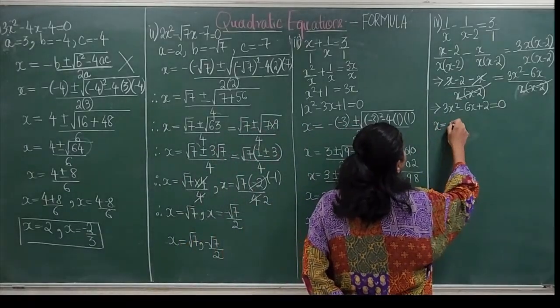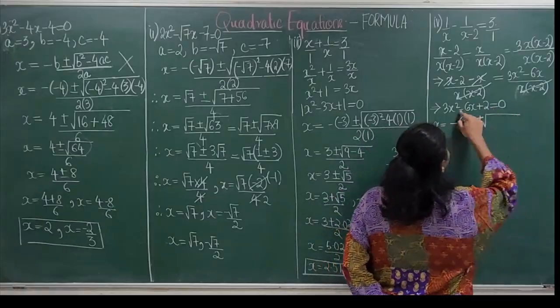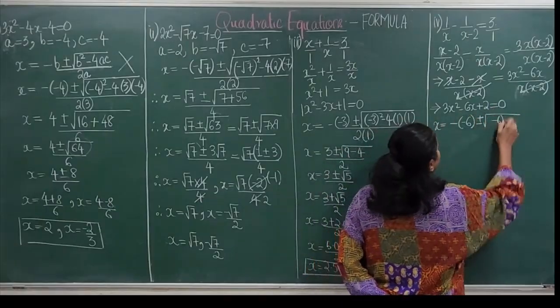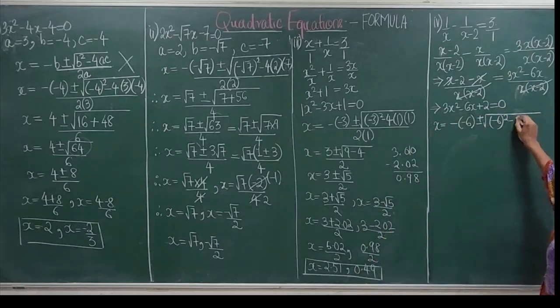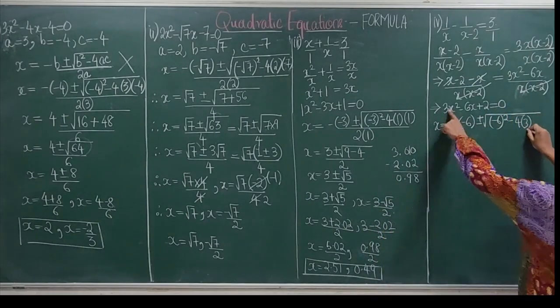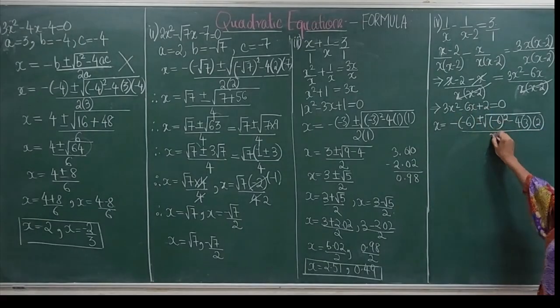x is equal to minus b, that is minus of minus 6, plus minus square root of b square, that is minus 6 the whole square, minus 4ac, that is 4 into a, that is 3, into c, that is 2, divided by 2 times a, that is 2 times 3.